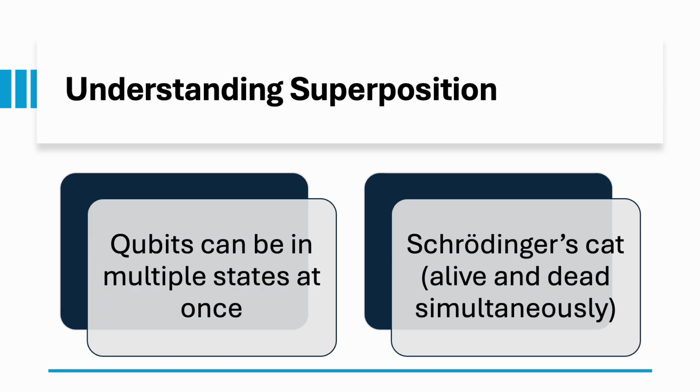However, there's a catch. When you measure the qubits to get your answer, the superposition collapses and you only get one result. This is why quantum algorithms must be carefully designed to amplify the probability of the correct answer while reducing the probability of wrong answers, so that when the measurement happens, you are most likely to get the solution you're looking for.